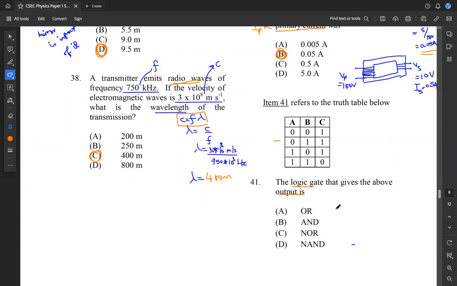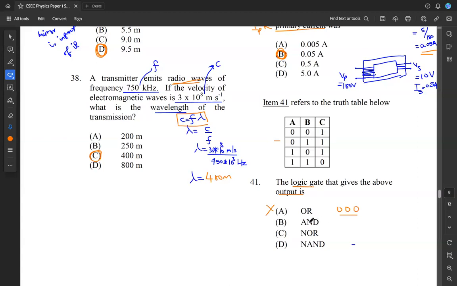It would give us 0, right? Because we need at least one of the inputs to be 1 in order to get 1. So this wouldn't work for our OR gate actually. So the OR gate is not our answer, right? Because these sets of inputs don't match the set that we get from the examiner.